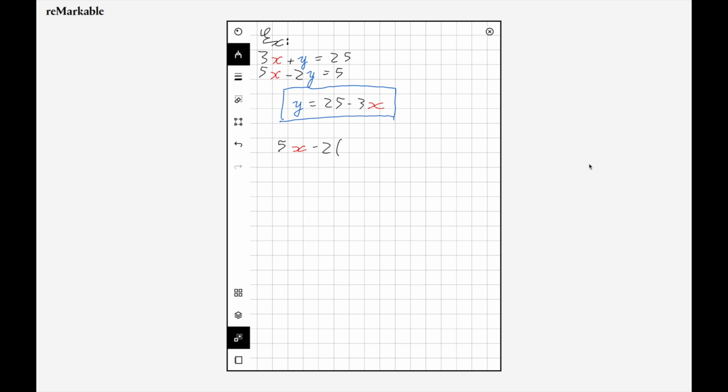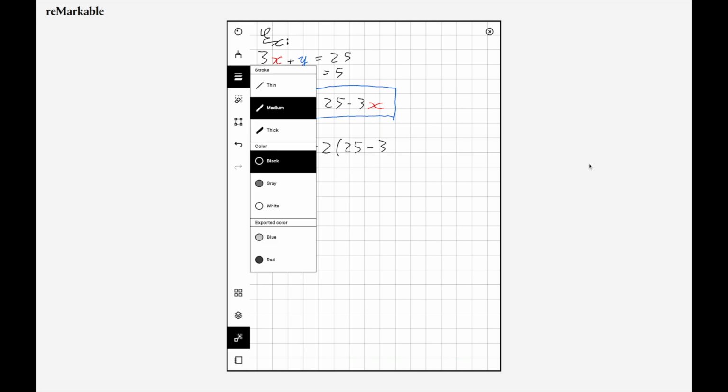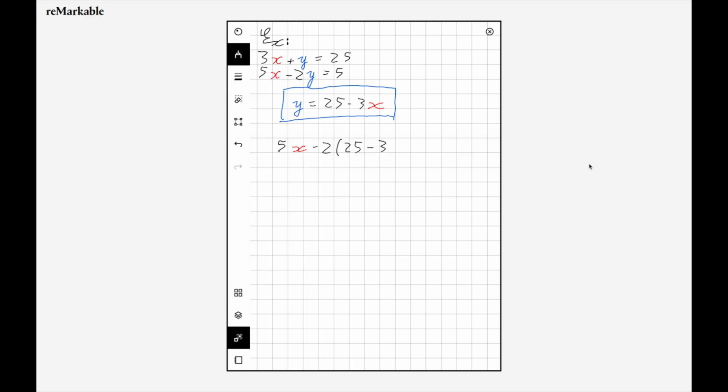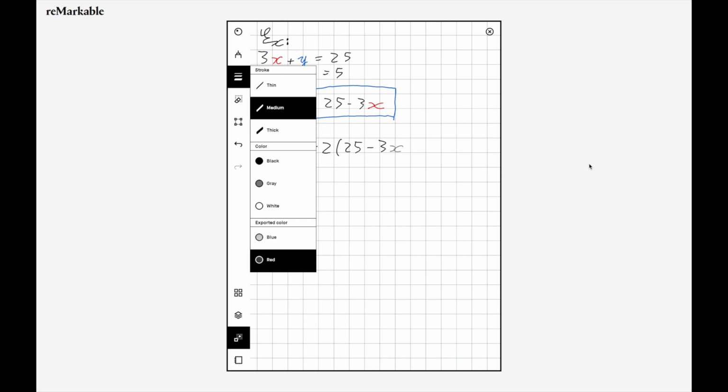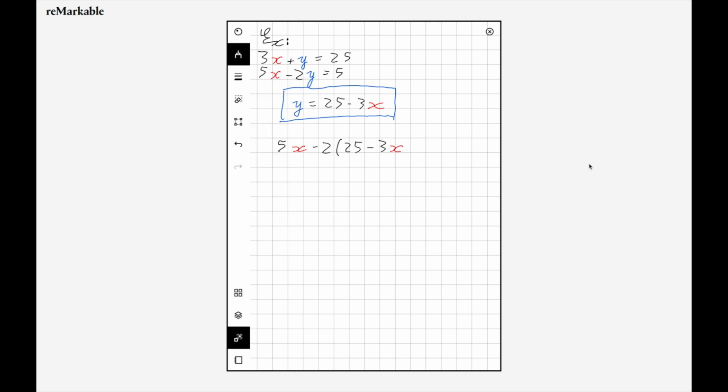So negative 2 times y, which is 25 minus 3x, and this is equal to 5. The equality on the two sides of the equation is still maintained because y is equal to 25 minus 3x. Let's keep going.